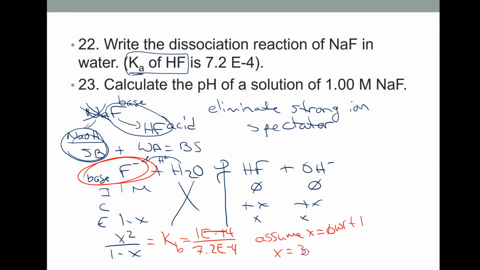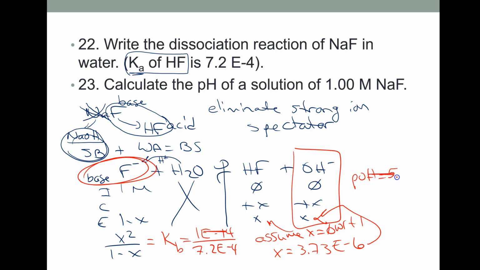Once you do that, you get X as 3.73e-6, and you need to recognize that that represents the hydroxide. So if you do negative log of that number, the pOH is 5.43. Subtract from 14, and the pH is 8.57.